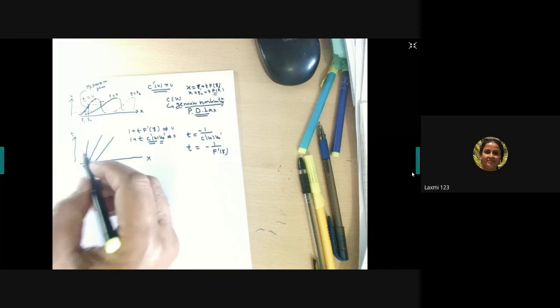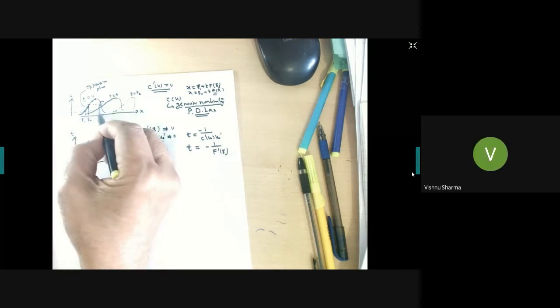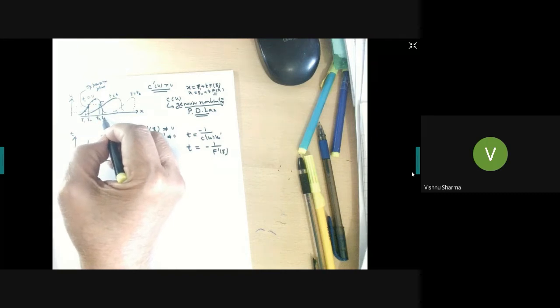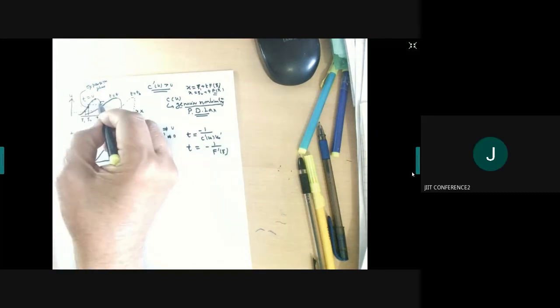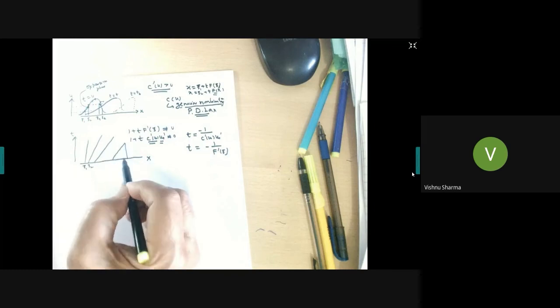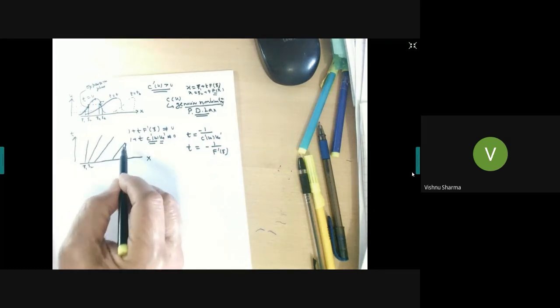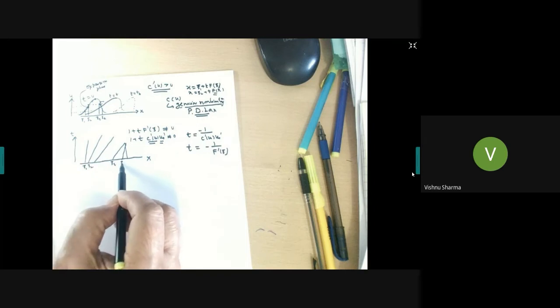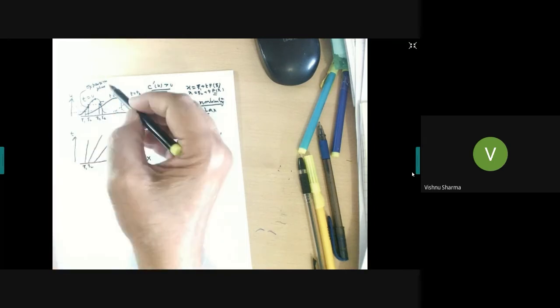Now, if I take any two points on this part of the profile, let me call them xi3, xi4. What will happen? They have negative slopes. So exactly, they will intersect somewhere. This is your xi3, this is your xi4. Since they converge, why?